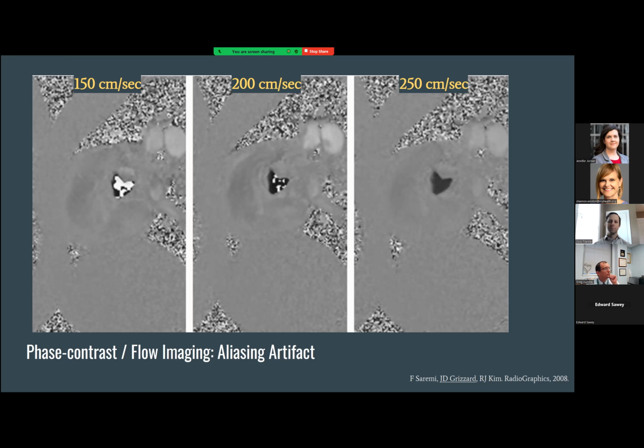On the left-hand side, when we set our velocity encoding, or VENC, too low, what you'll notice in the image on the left with 150 is that we have bright white, and then the middle of that is black, and on the boundary of that is black. It's very unlikely that we're going to have high velocity flow to the head and the feet within each other, right? So that's a really nice clue.